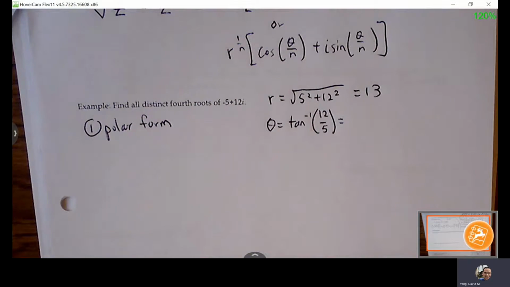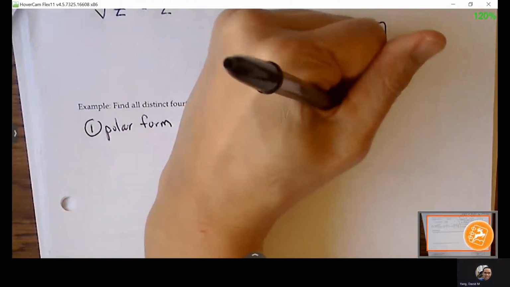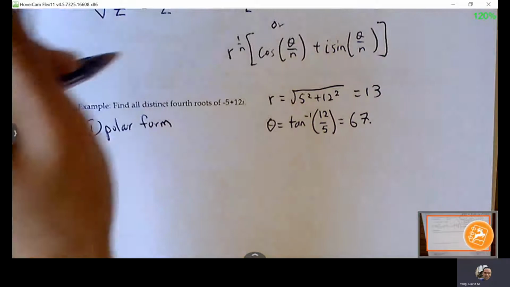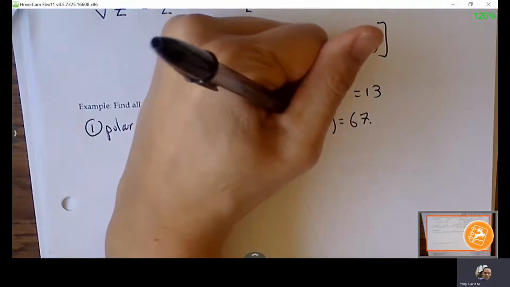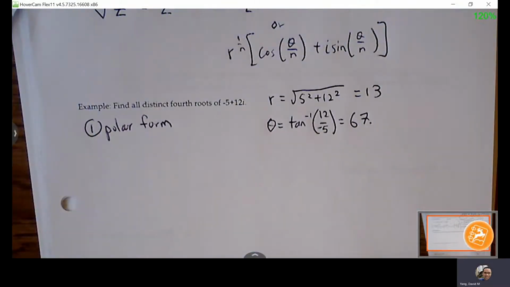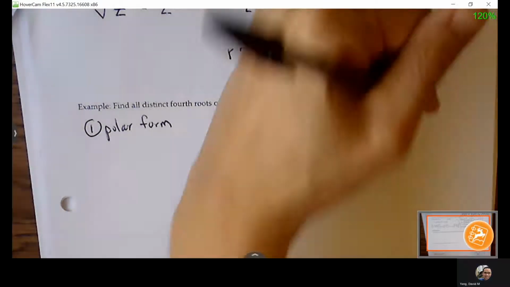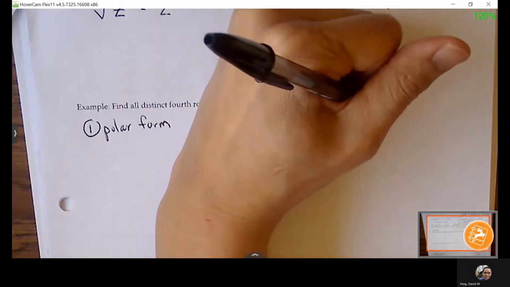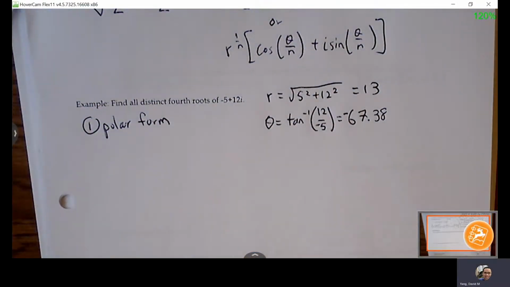Okay, degree mode is going to be the easier one to use here. Oh, sorry, -5. Okay, sorry, negative. My bad. Okay, which quadrant?